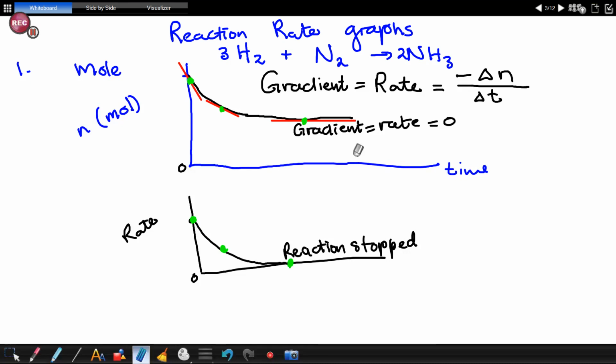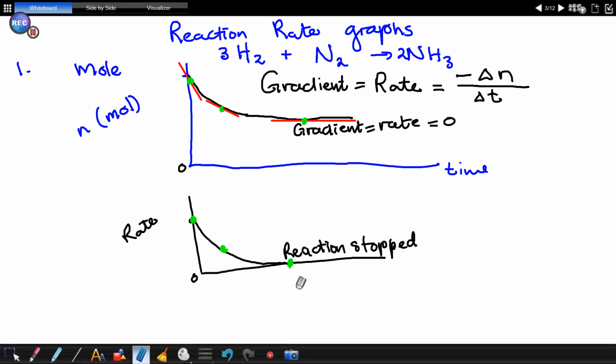Your worry is to be able to read the graph and to interpret the information. So on a concentration time graph, or on a mole time graph, or on a volume time graph, the rate will be the gradient of the tangent to that point. Okay? And on a rate graph, you're actually plotting the rate values.